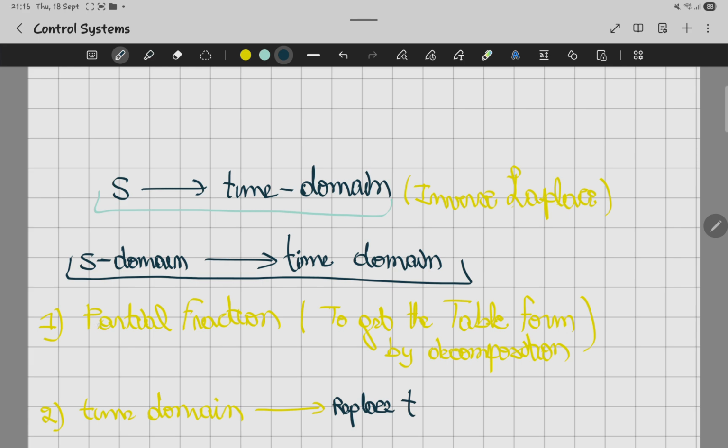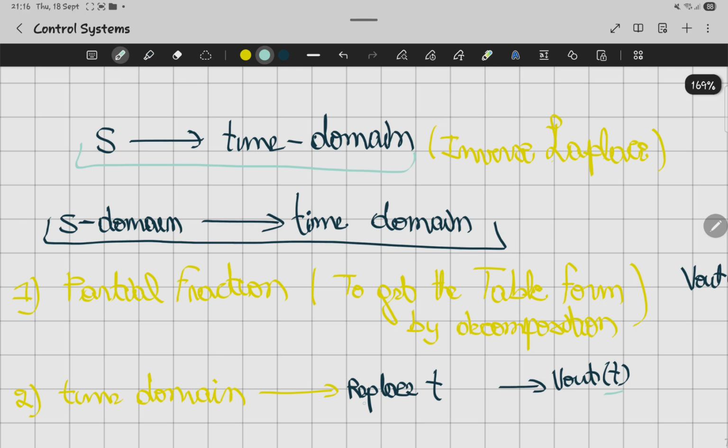For example, before partial fraction we have v out, and after partial fraction we end up with v out of t, and then you replace the value of t.